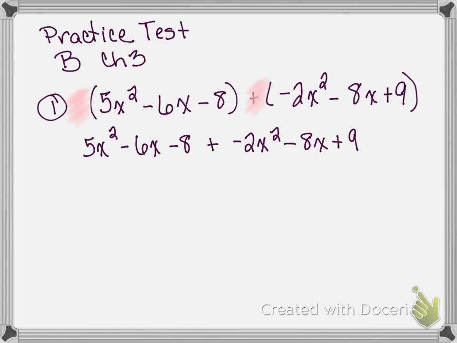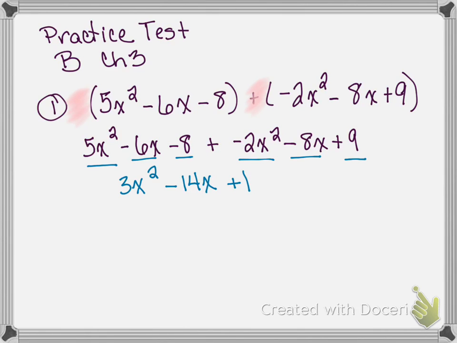So 5x squared is combined with negative 2x squared, and that gives me positive 3x squared. Negative 6x and negative 8x gives me negative 14x. Negative 8 and positive 9 gives me positive 1.